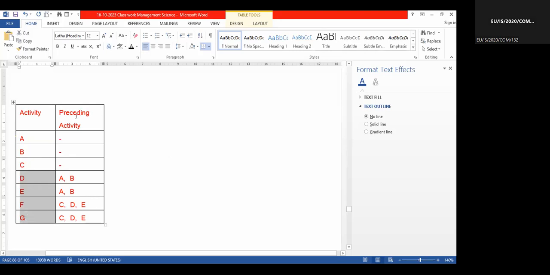You see the preceding activity column: for A, there is nothing, a dash. B also dash. C also dash. That means there are no preceding activities. But if you want to start D, what are the preceding activities?